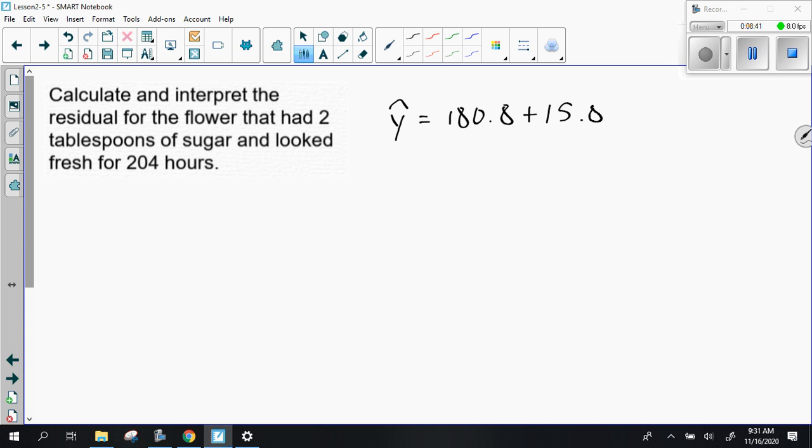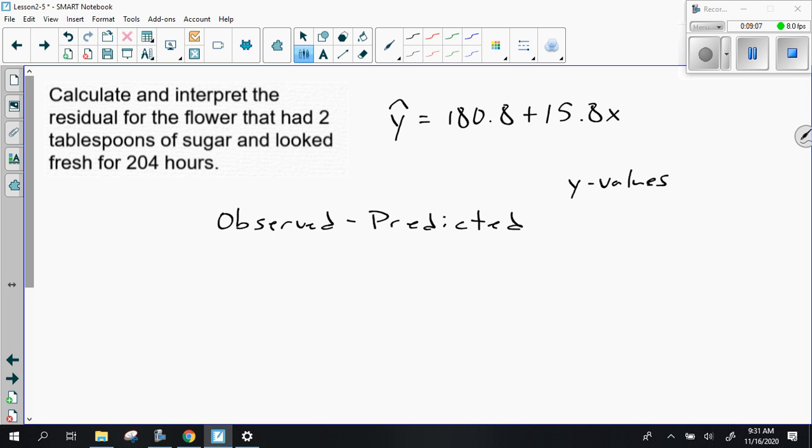Okay, so keeping in mind that what we're going to do is take our observed, or our actual, minus our predicted value. Remember, we're looking at y values, right? Or the values of our response variable.